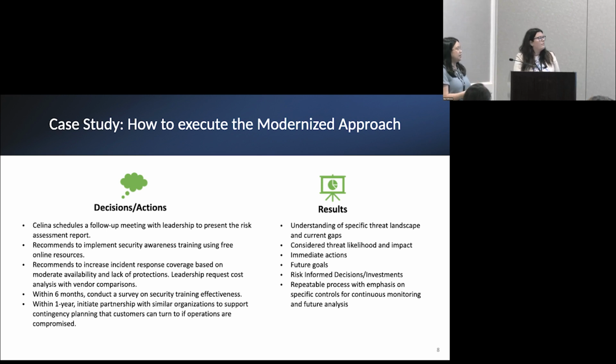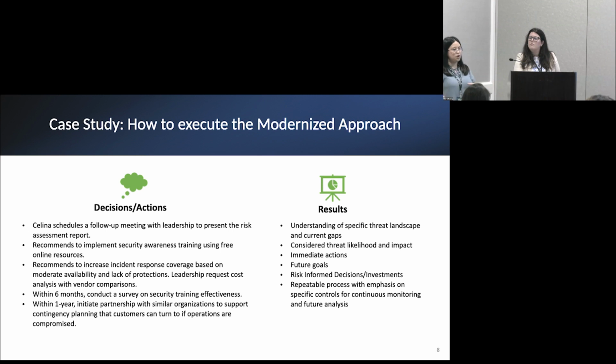And most importantly, with this approach we want a repeatable process that puts emphasis on your specific security controls to continuously monitor. So let's say we've implemented security effectiveness. Let's continuously monitor that. Is the training actually effective? Do we need to improve on that training?